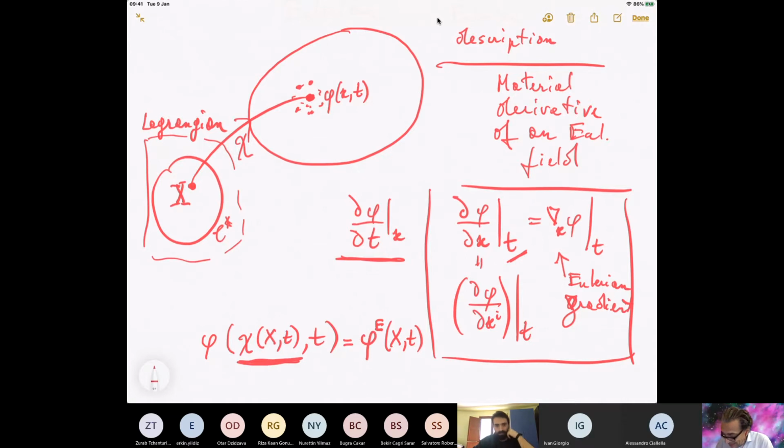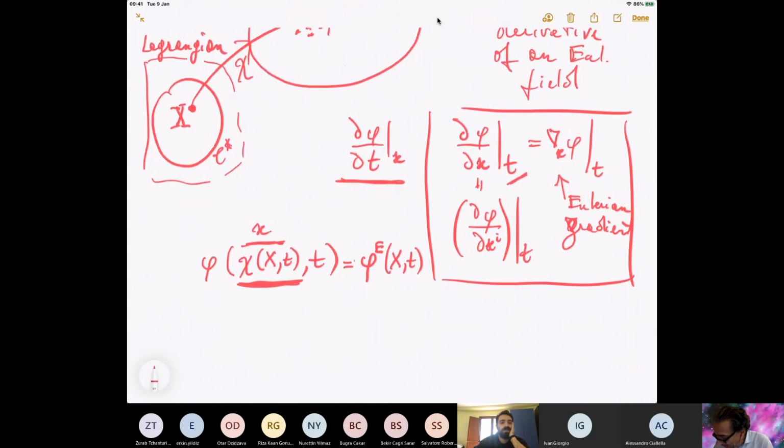Then I am in a position, small x. I estimate my Eulerian field in small x and t. And in this way, I define phi Lagrangian, sorry, in this way.